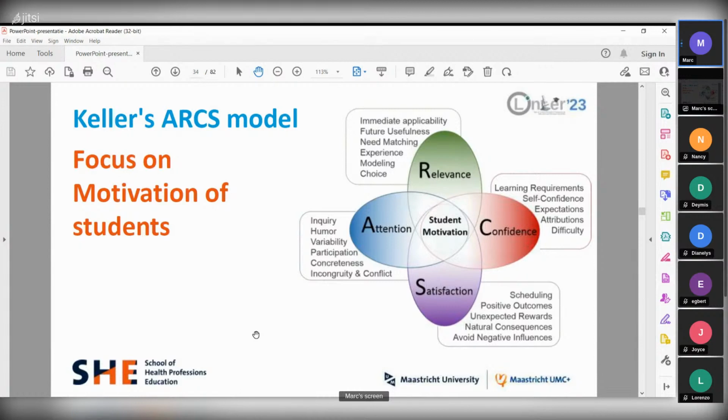Here, relevance: you want your learners to know that the content they are learning is useful in the real world. The third one is confidence. You want your learners to build confidence so that they expect to have success at the end. And when you have success expectation, you also have control over your own learning process.